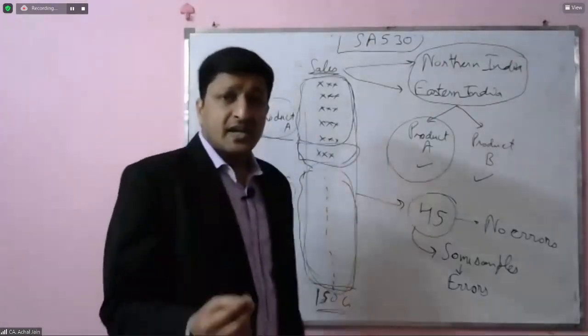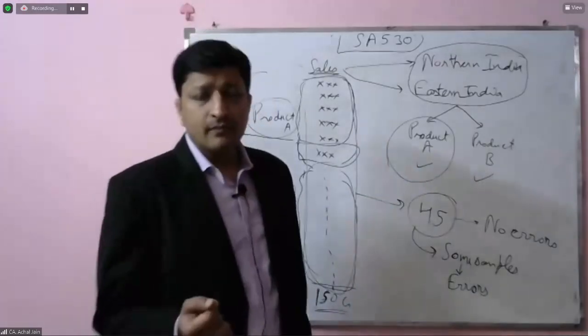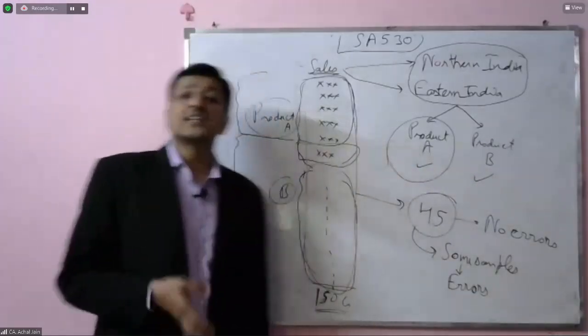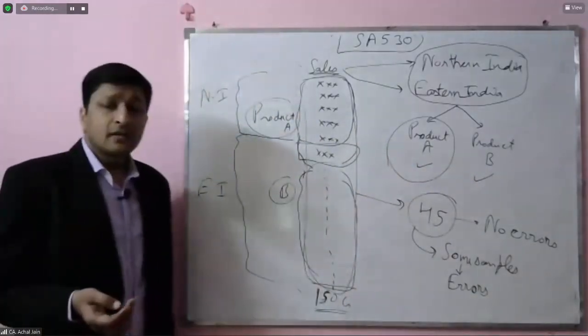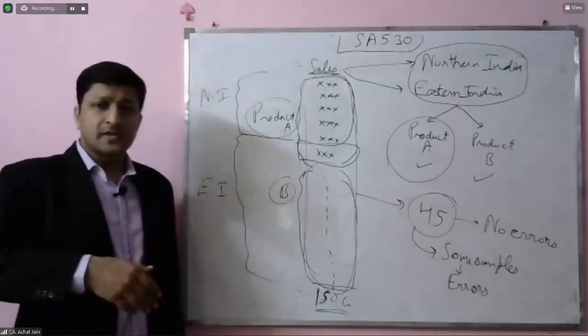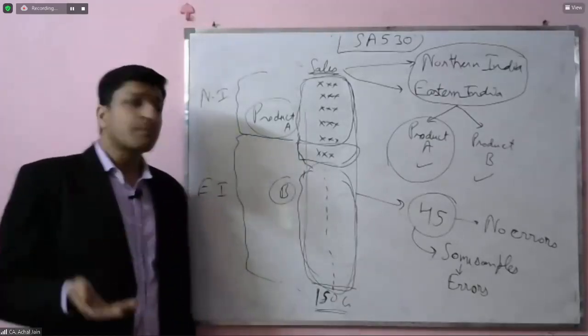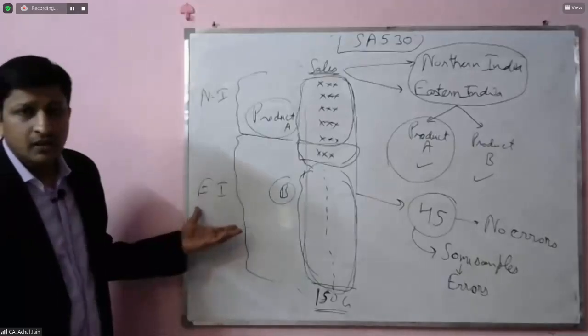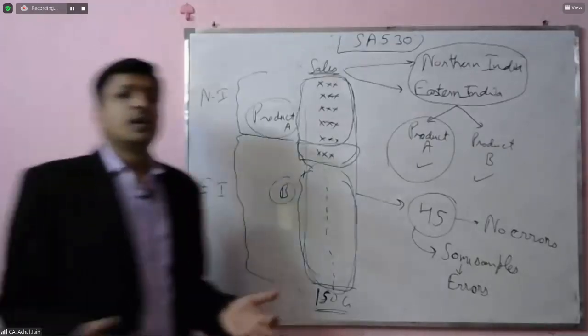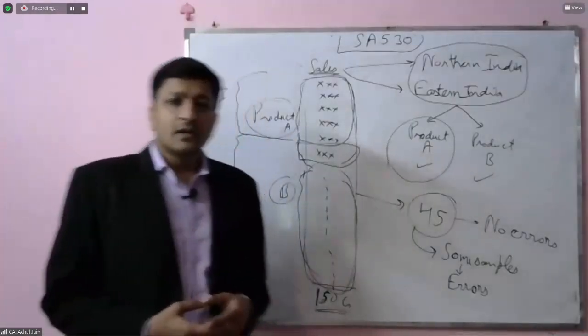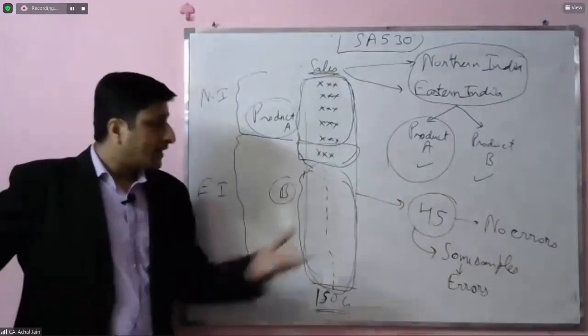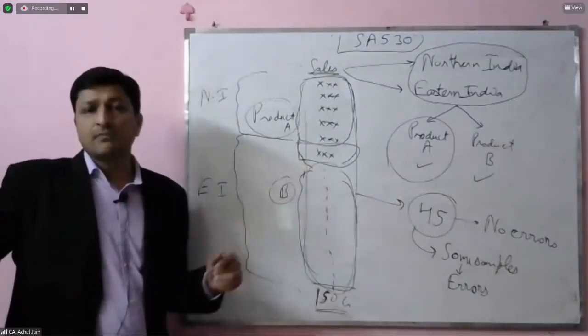Maybe the mistake is only found in one sample, but the mistake is such that in all other samples, or maybe in the samples which are of that nature, such a mistake is possible. So that will require adjustments in relation to those errors which have been identified.